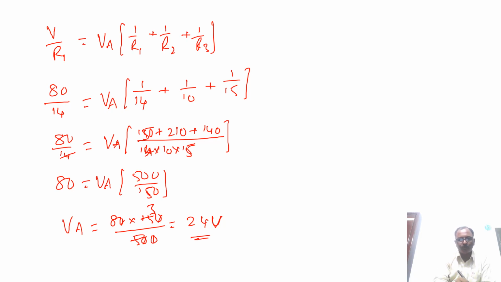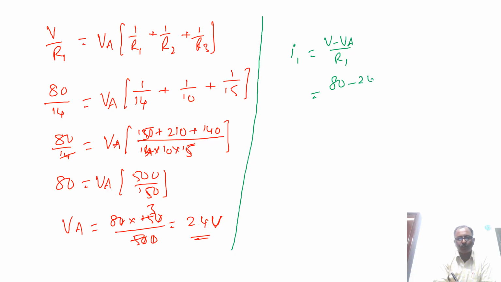Now as we got the value of VA, we can calculate I1, I2 and I3. I1 is given by V minus VA by R1. V is 80 volts, VA we got 24, by R1. So 80 minus 24 we get 56 by 14, so it is 4 amps.